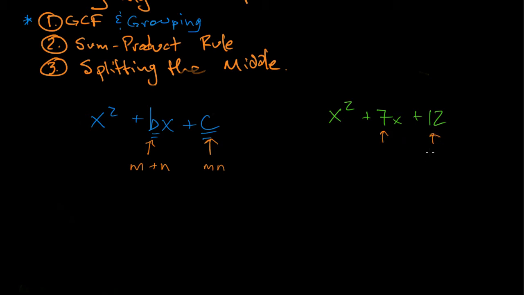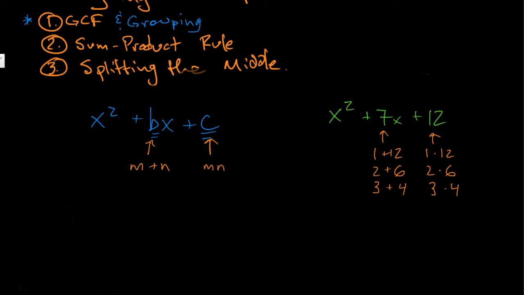Well, I'm going to start with the numbers that multiply to 12. 1 times 12 multiplies to 12, but 1 plus 12 doesn't add up to 7. 2 times 6 multiplies to 12, and 2 plus 6 is getting closer. It equals 8. Well, 3 times 4 multiplies to 12, and 3 plus 4 adds to 7. So 3 and 4 are the two numbers that multiply to 12 and add to 7.